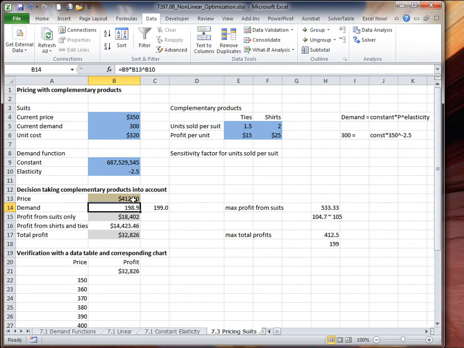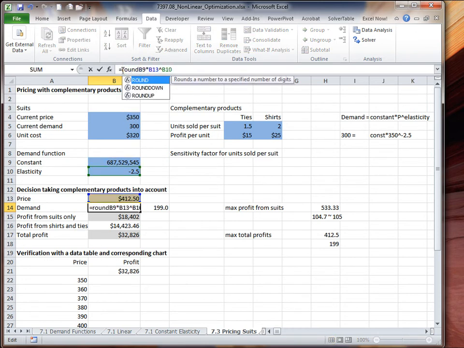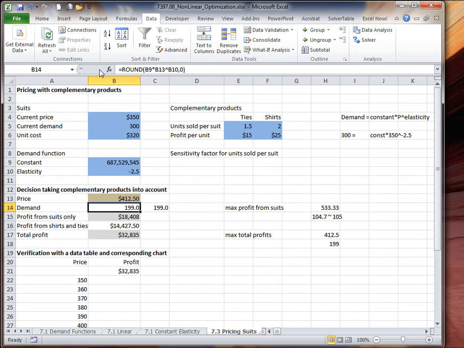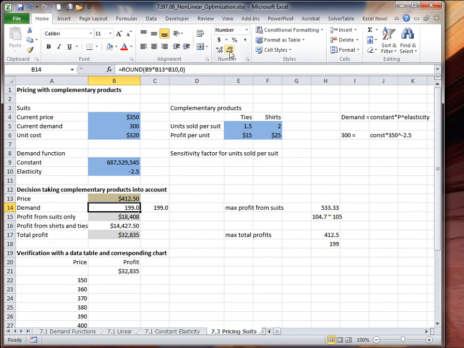Well, I guess I could. Well, let's try it. Now, keep in mind when I do that, what it's really doing. It's still calculating the 198.9 or whatever was there. It's just displaying 199. Oh, then it doesn't matter at all. Yeah. So.